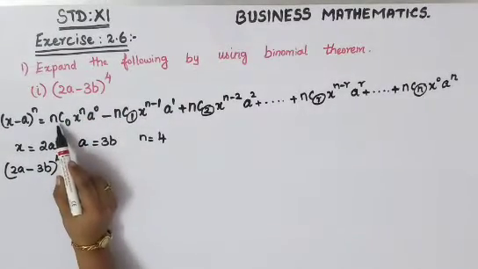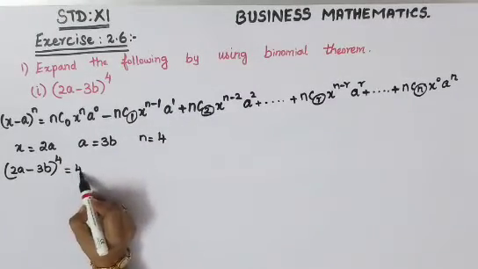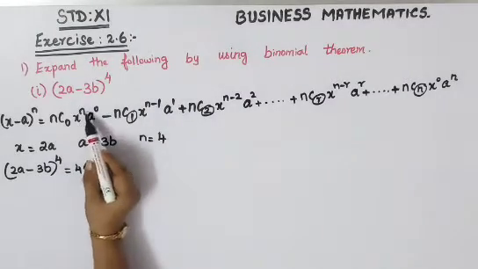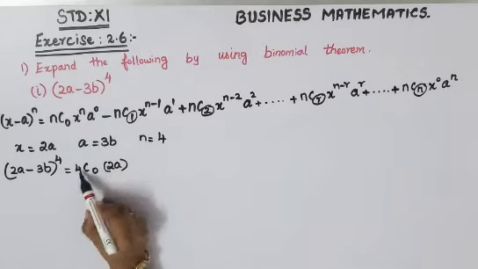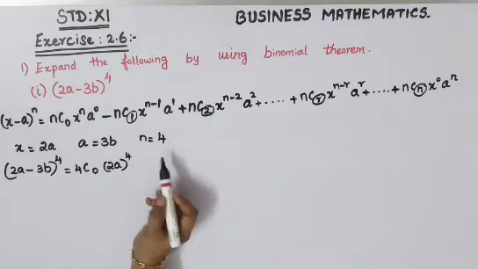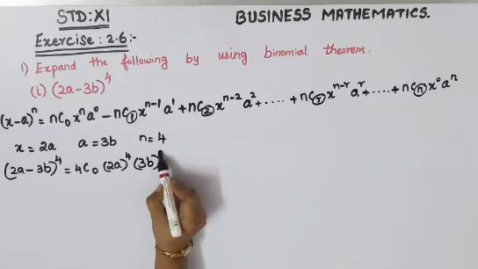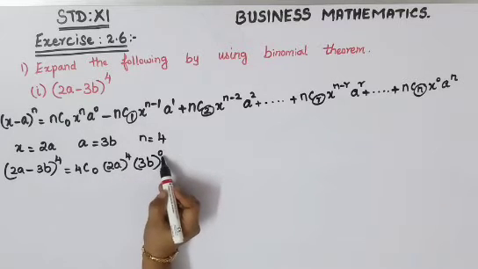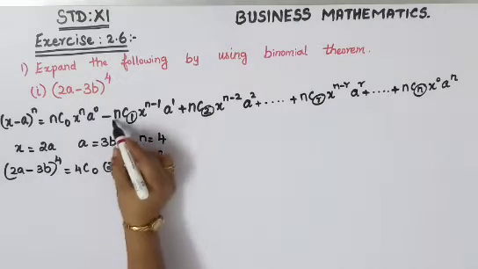Now you will have to start your right hand side. So 4C0: n is 4, so 4C0, x power n, x is your 2a, power n is again 4, a is your 3b, then whole power 0. Next minus, this minus as it is, nC1.